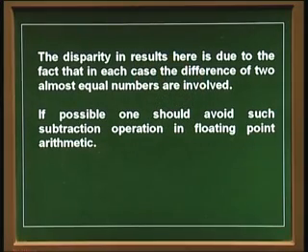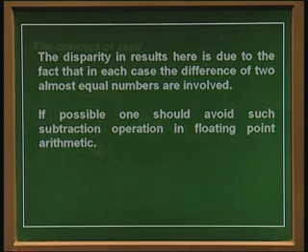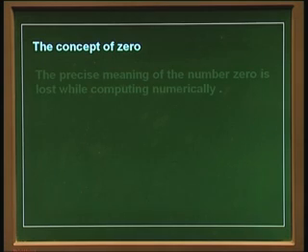So we saw that this disparity comes because of the finiteness of the number. So we should be careful when we do subtraction, addition, multiplication or division of numbers which are of completely different magnitude.